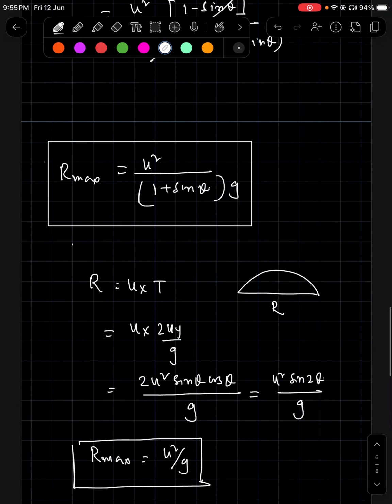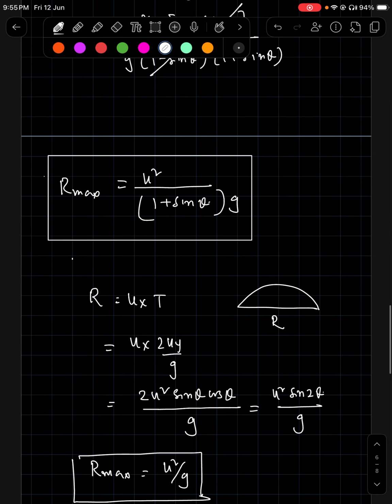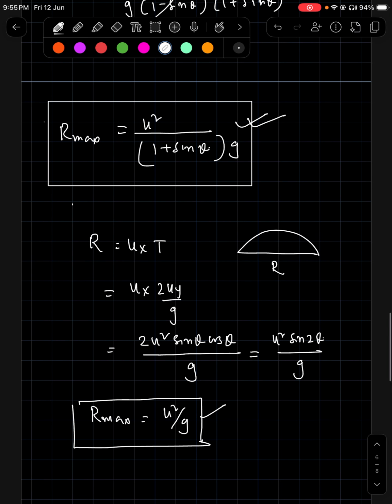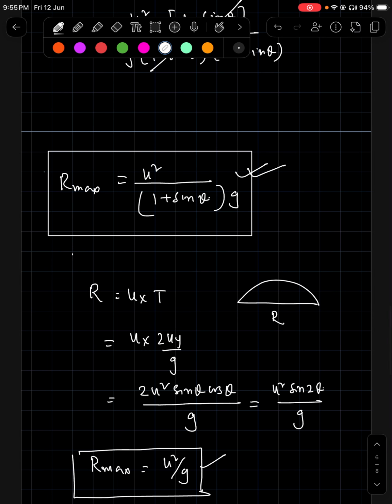And we can check this result with this fact: if I make the angle of inclination 0, it becomes horizontal motion. So sine 0 is 0, so if we put theta as 0 here, R max becomes the same u square by g. So this is matching.